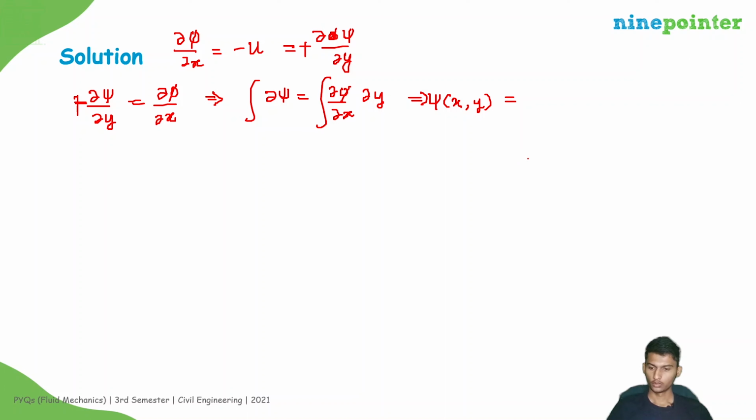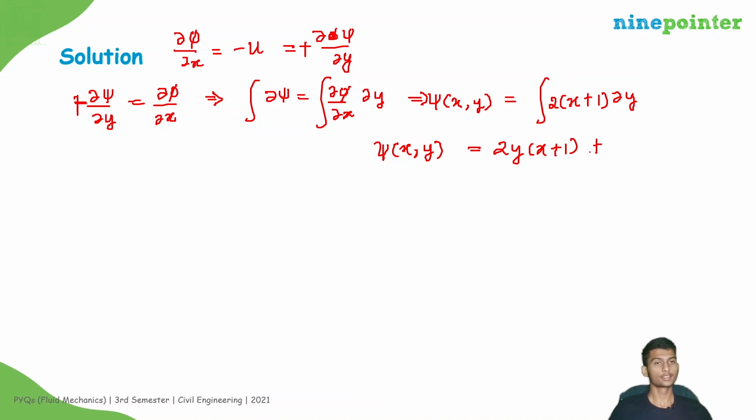So we get the integral of 2(x+1) ∂y. That will give us ψ(x,y) equals 2y(x+1) plus f of x. Do you agree? Plus some constant k.